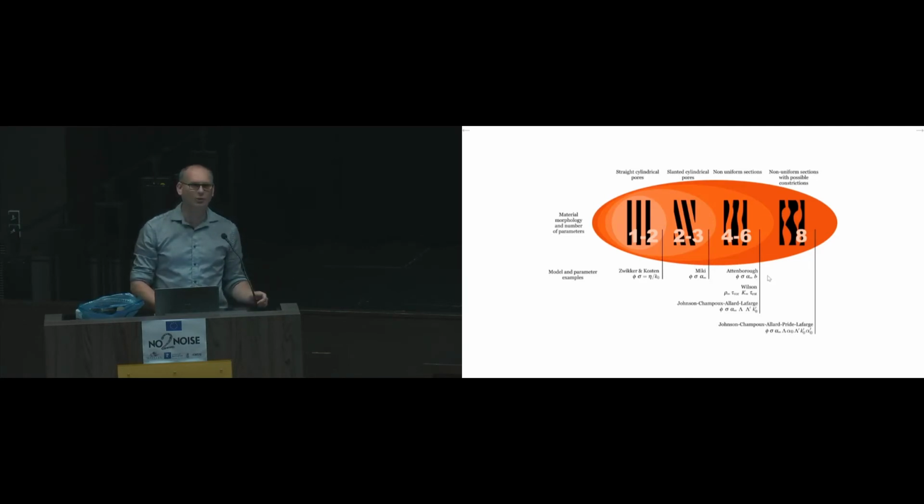This is why Jean-François Allard won the race for the name of porous materials. There's a fight between Keith Attenborough and Jean-François Allard, but I think now they are almost all retired. So they are the best friends again. And so the Johnson-Champoux-Allard model is in this one, but there's another model I will talk about in a minute, which is Johnson-Champoux-Allard-Lafarge, where we add a new parameter, which is k prime 0.